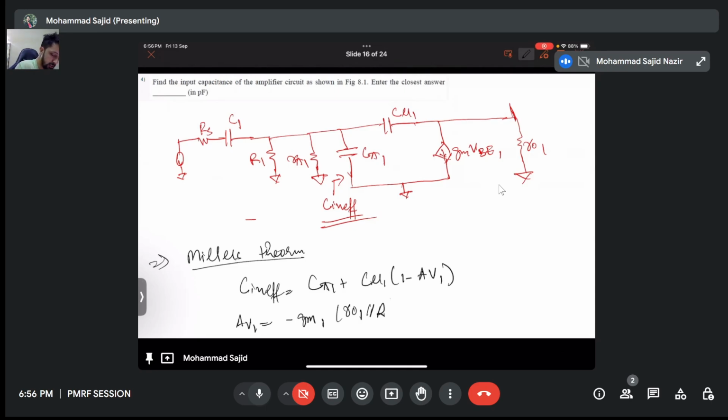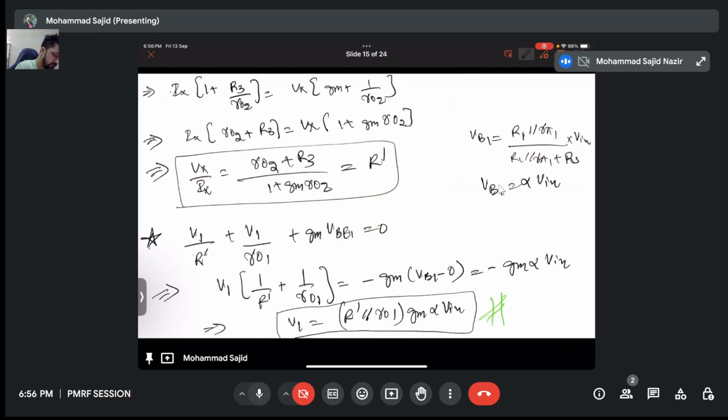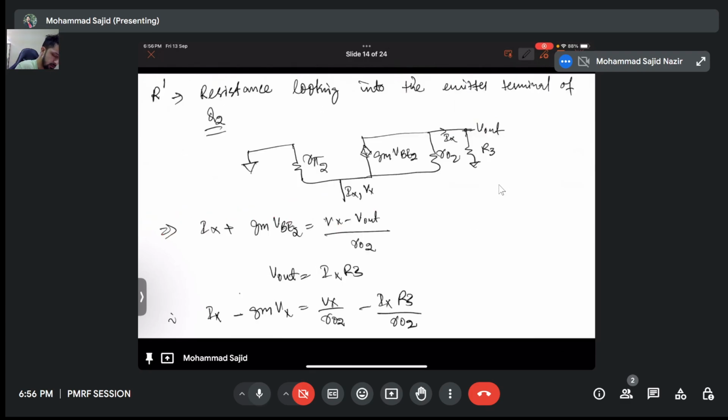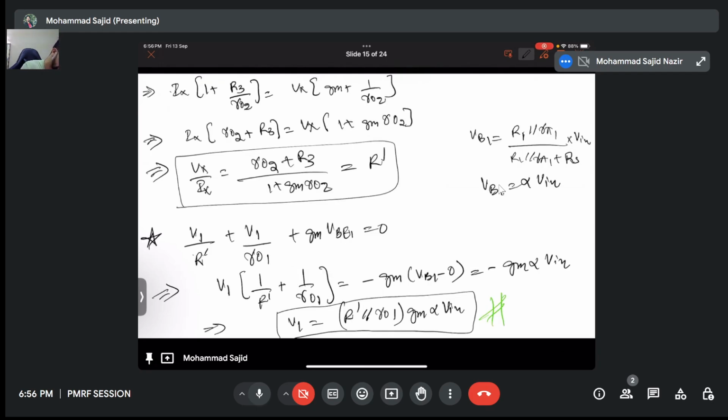The equivalent resistance we calculated in the previous section, did that include R pi? There may be a mistake here. Okay, we can ignore that. What you need to do is take the total R dash, which you calculated, and there should be another resistor.